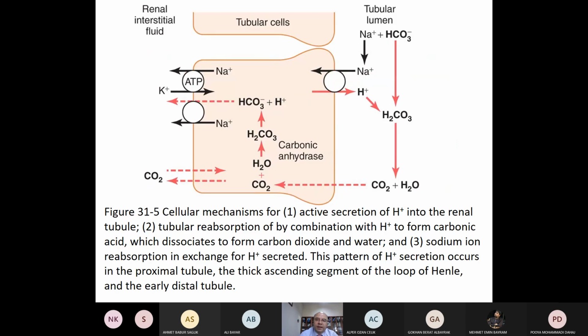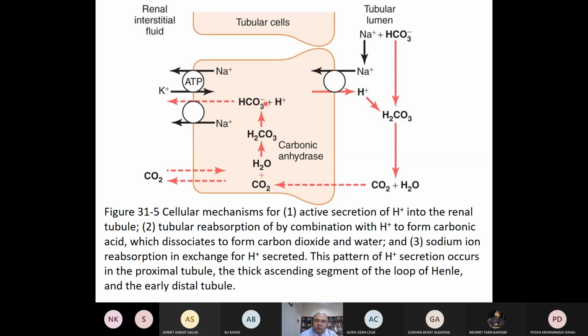So, here you see the figure. This is the tubular cell, okay, thick segment of Henle or distal tubule, and this is tubular lumen, and this is renal interstitial fluid. As you see here, carbon dioxide and water are combined and forming carbonic acid, and then it will dissociate into hydrogen and bicarbonate.